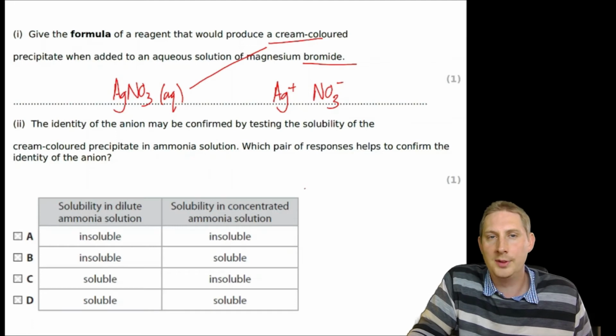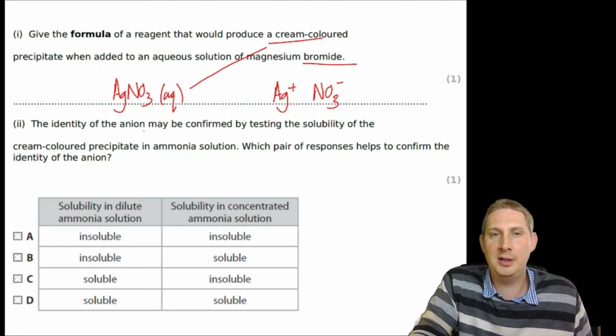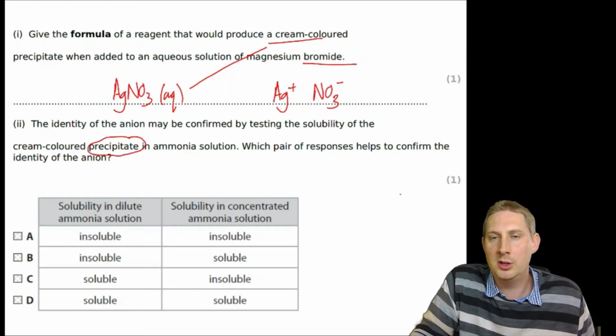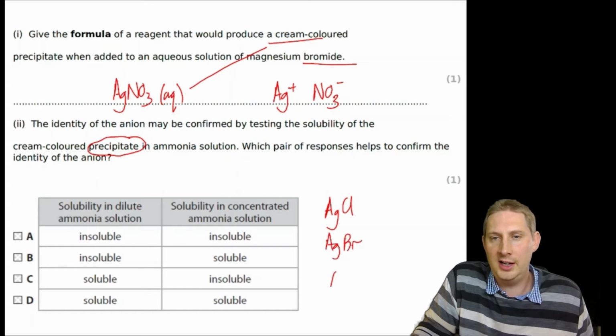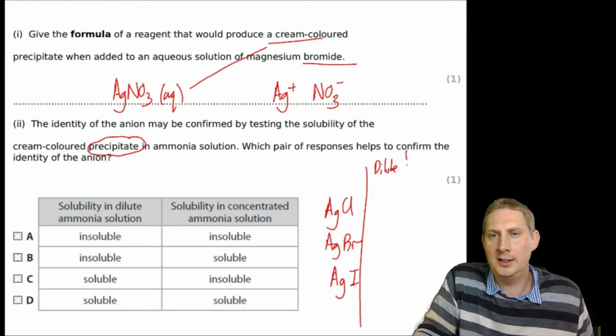This is new. The identity of the anion can be confirmed by testing the solubility of the precipitate in ammonia solution. Which pair of responses helps to confirm the identity? Right, so the new knowledge: silver chloride, silver bromide, silver iodide, testing those with dilute ammonia and concentrated ammonia.